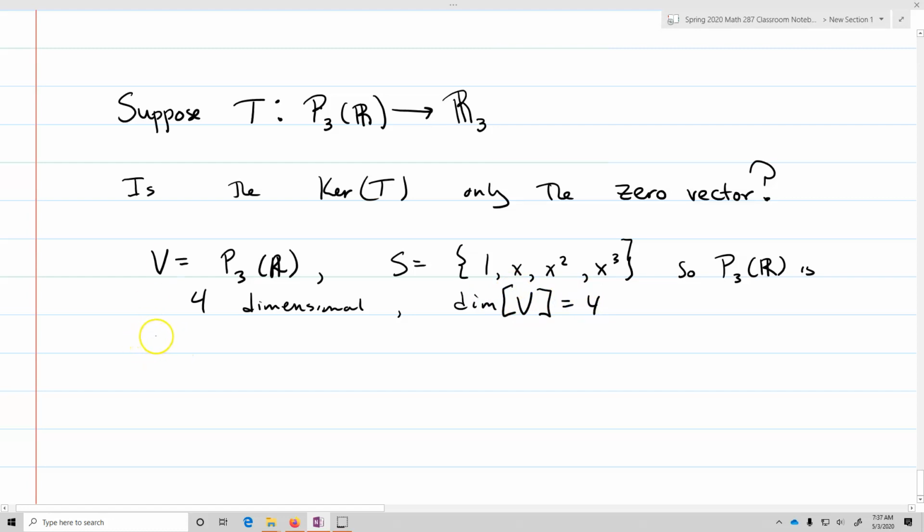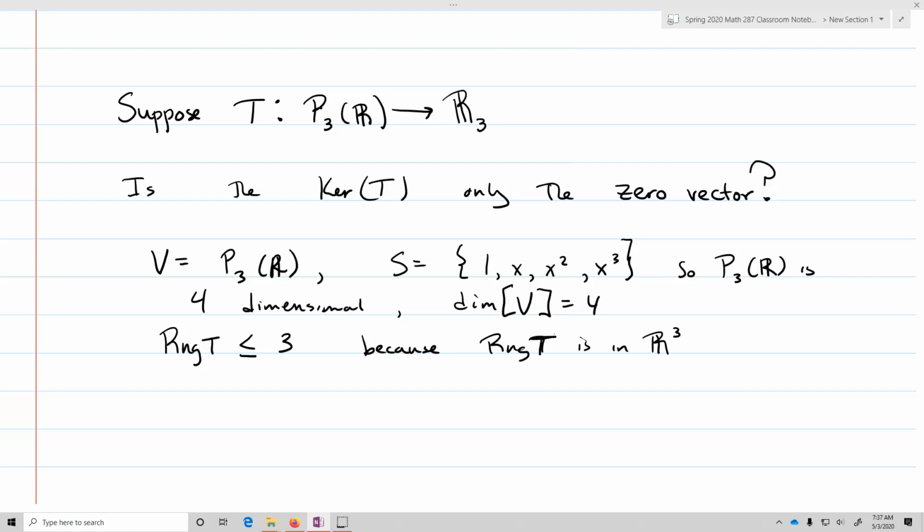If we think about this, the dimension of the range of T has to be less than or equal to 3 because the range of T is in R3. Okay? The range of T is the set of all vectors that I can get utilizing my linear transformation. It can't be bigger than the codomain. I can't have more dimensions than the codomain. So consequently, the dimension of the range of T has got to be less than or equal to 3.